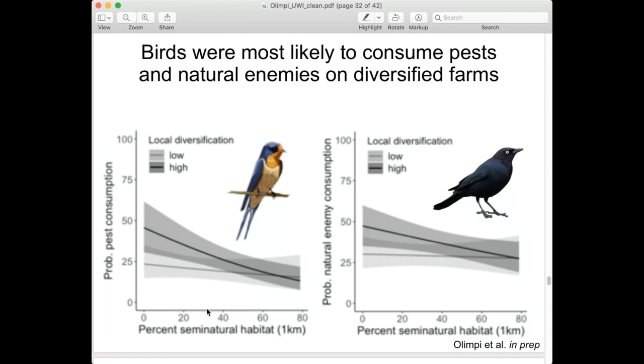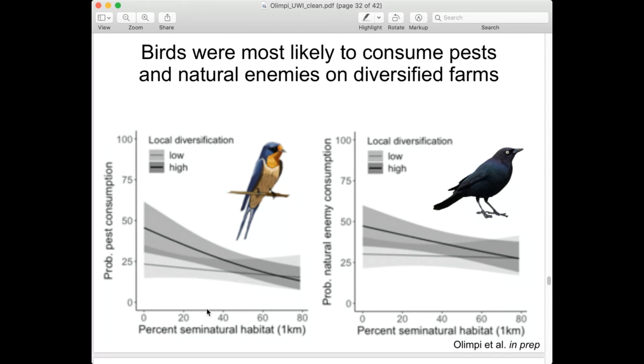Birds that are most likely to consume pests were barn swallows on the left, and most likely to consume natural enemies were Brewer's blackbirds. So this really highlights the trade-offs. So if you're managing for one ecosystem service, like promoting pest control, you could also be increasing ecosystem disservices. So you might also be having birds eating more of those beneficial insects that you would want on your farm.